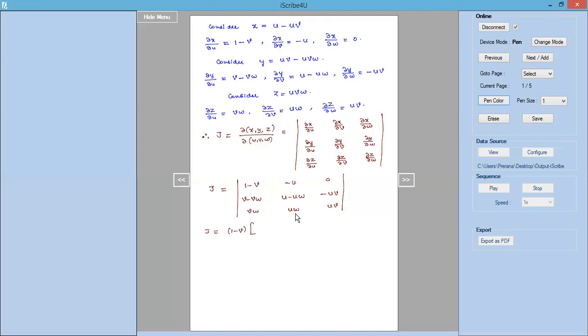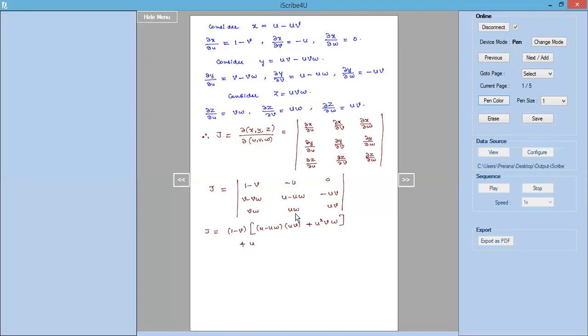So we have u minus uw into uv, minus of minus, plus u square vw. The middle term has minus u. When we expand the determinant, there is a minus sign assigned for the middle term of that 3 cross 3 determinant.